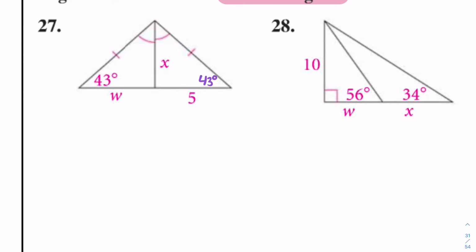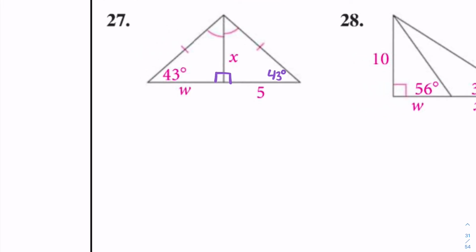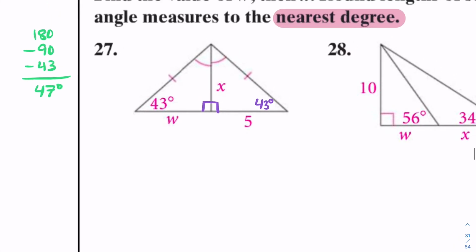That would make these 90 degrees. And so I can quickly do 180, take away 90, take away 43. So 180 take away 90 is 90, 90 take away 43 is 47. So these right here are 47 degrees.